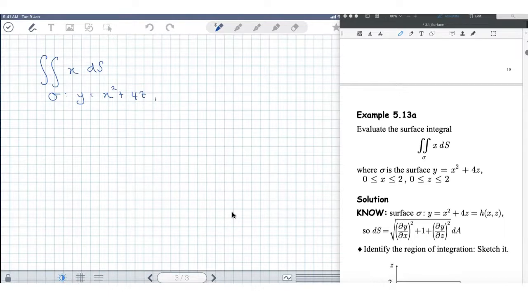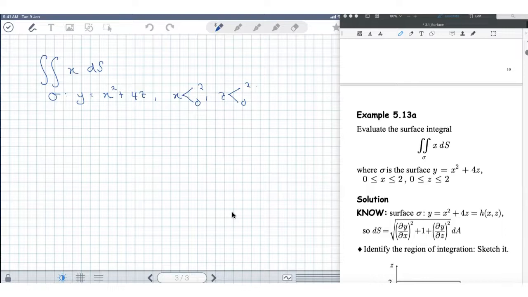I don't think you will see this particular example in the exam, but it's okay because you're just learning this subtopic, so that's why they give you the limits. The limit of x is 0 to something, and the limit of z is 0 to something as well.